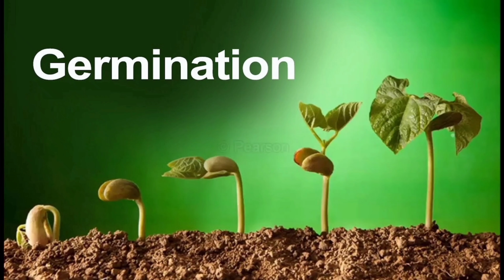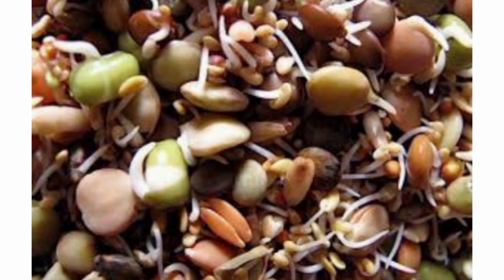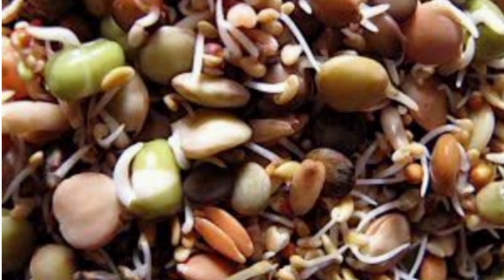First, have you heard of germination? What is meant by germination first of all? The process by which a seed produces a new plant is called germination. All the plants do not germinate.